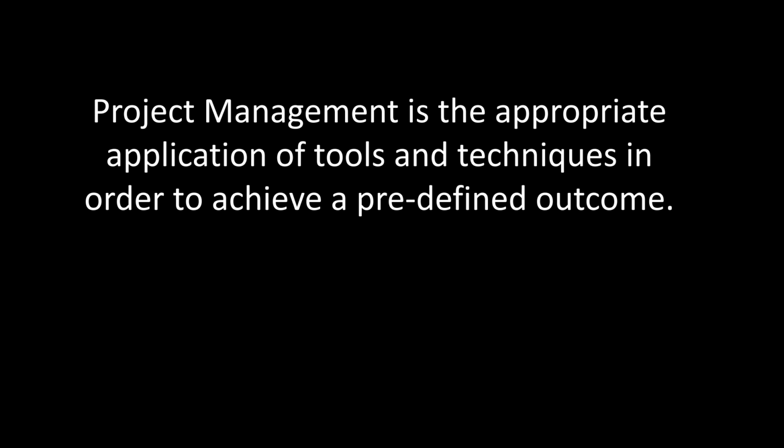Remember, we've mentioned a business case, we've mentioned having benefits. We're going to define what our target is, what we're aiming for. So we have to have a predefined outcome, and project management is about using tools and techniques to get to that end goal. That's really important, that we understand that that's the purpose of project management.